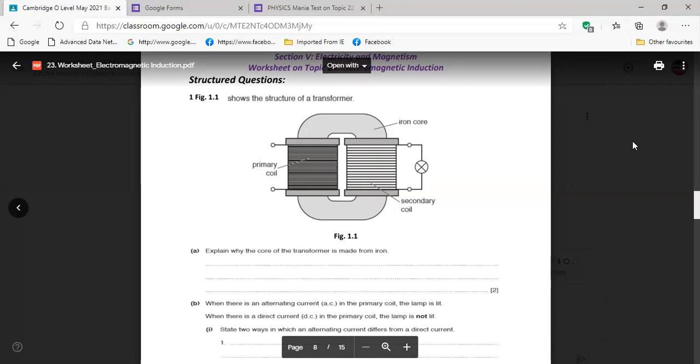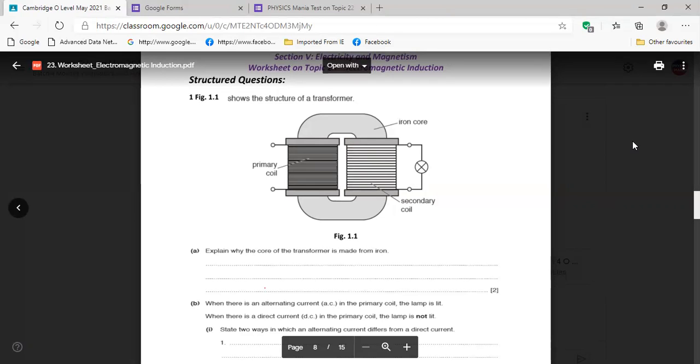It is a temporary magnet, and so it will not become a permanent magnet, and so it will help to move the poles of the magnet. Yes, we can alter the poles, right? Yes, sir. By using alternating current.